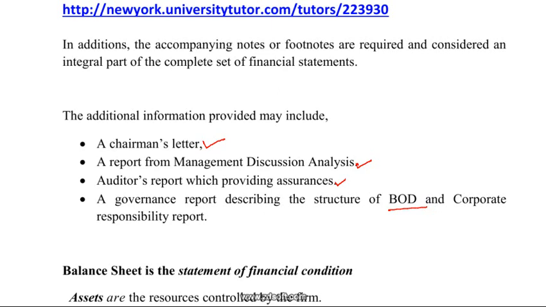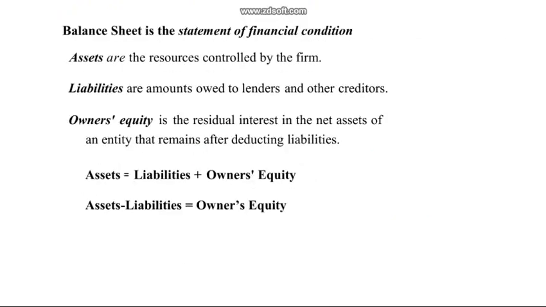Now I'll explain to you the financial statements one by one in detail. The first and important aspect is the balance sheet. The balance sheet is the statement of financial condition. It is also called a statement of financial position.